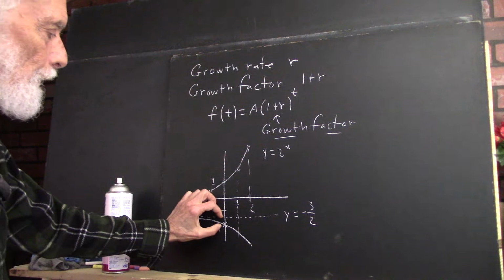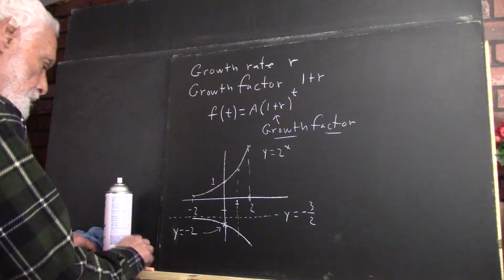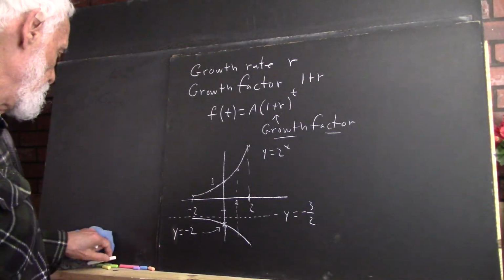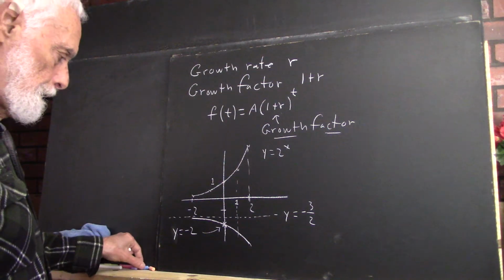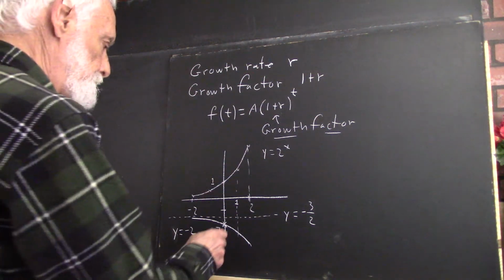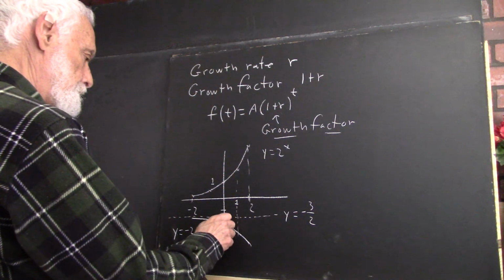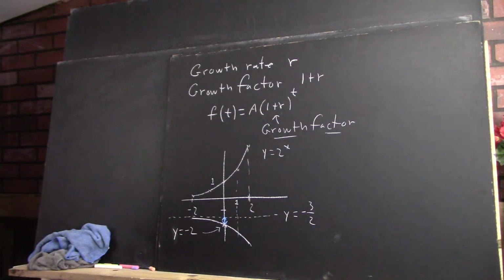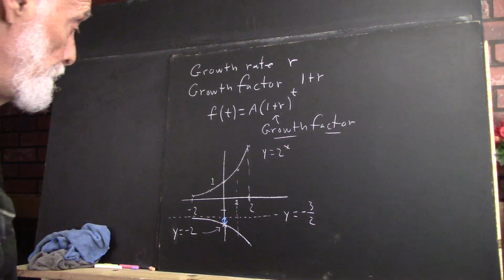If you look at this distance here, I need to get rid of this jar so I can see my chalk. This blue distance here then is from -3/2 to -2.